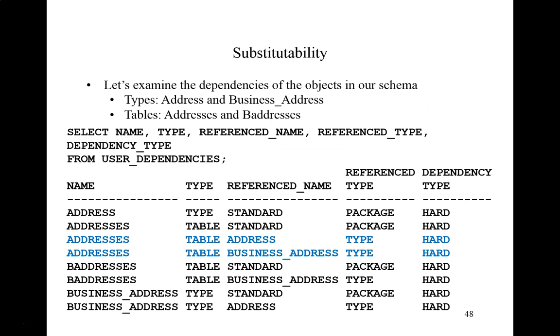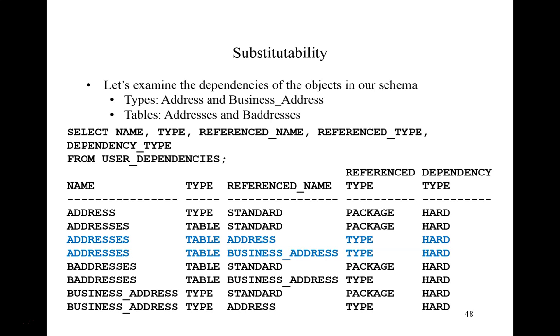Let's consider the dependencies of the two objects that we've created in our schema, address and business address, and the tables that we've created in our schema, addresses and B addresses. We run a query against user dependencies, and what we want to point out in this output are the two rows that we've highlighted here.